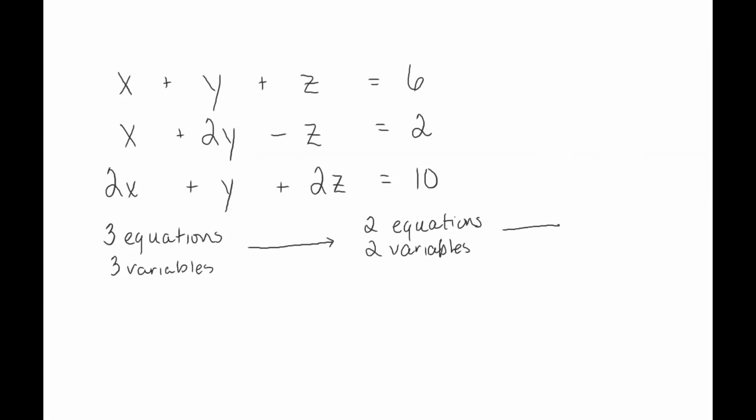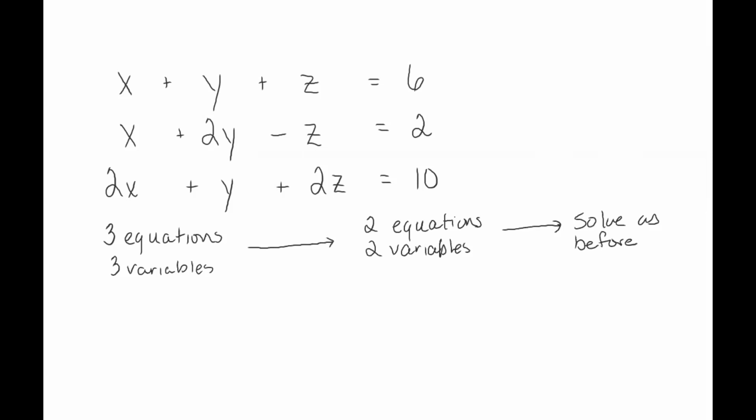And then we're just going to solve that like we did before. And then we'll be able to go back and substitute to solve for the 3rd variable. So our goal is to take this bigger problem that has an extra equation and an extra variable and smush it down into something we already know how to do.